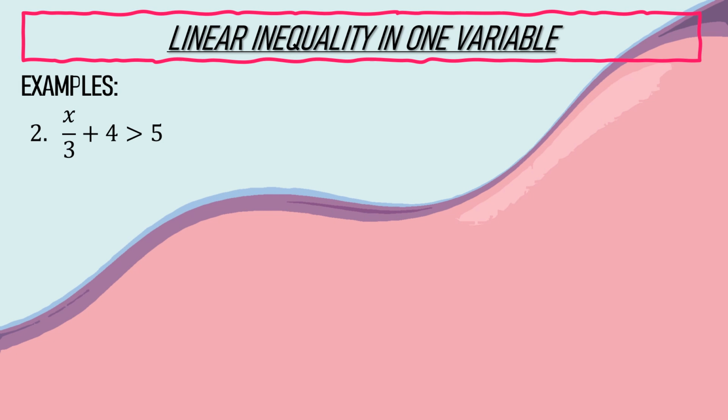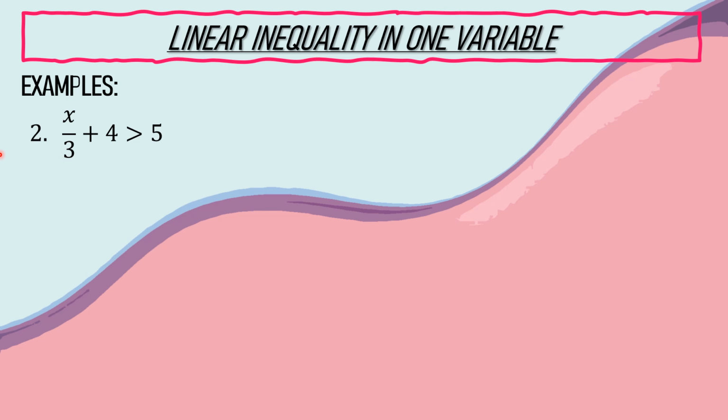Let's have the second example for the linear inequality. That is x over 3 plus 4 is greater than 5. So, kung mapapansin nyo, meron na naman tayong fraction. And then, bago natin isolve ang fraction na yan, dun muna tayo sa goal na makancel yung positive 4.